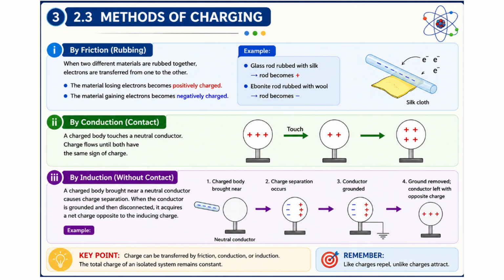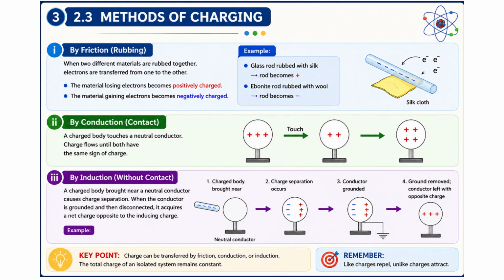I hope you are getting this point clearly. This temporary state is called polarization or charge separation. So the sphere is still neutral overall, but its charges are polarized.